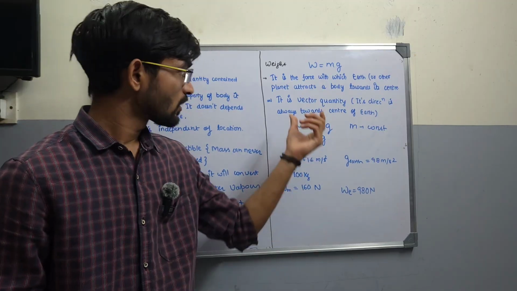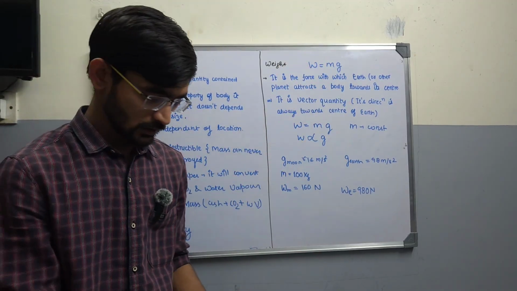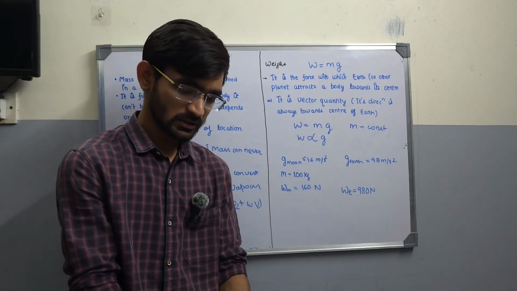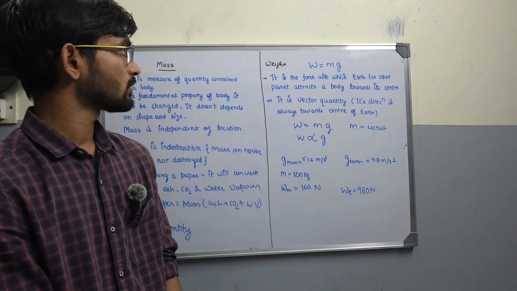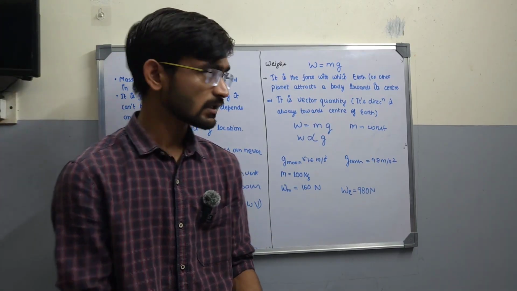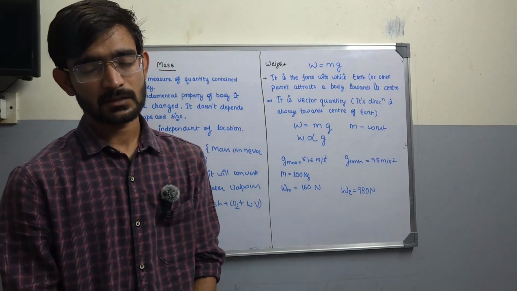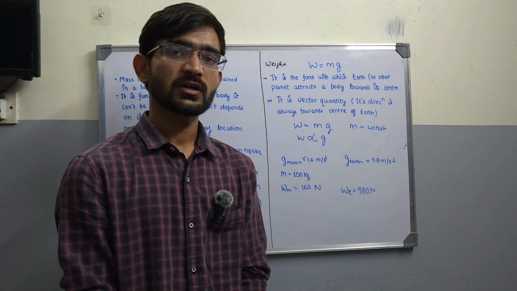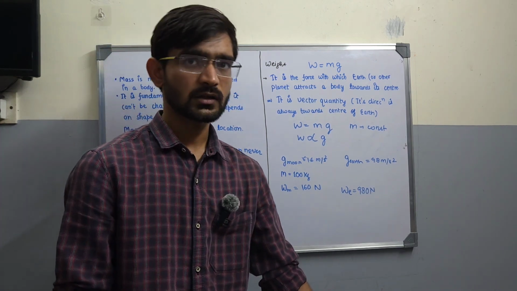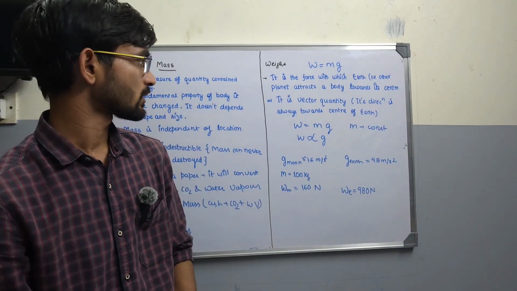So if you drop a ball, it will move in a downward direction towards the surface of Earth, and that force with which it is attracted by Earth towards its center is weight. And weight is a vector quantity. That means it has magnitude and also direction, and its direction is always towards the center of Earth. And if you are on another planet, then towards that planet's center.